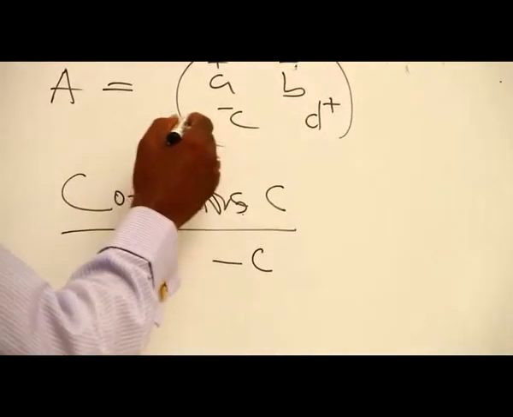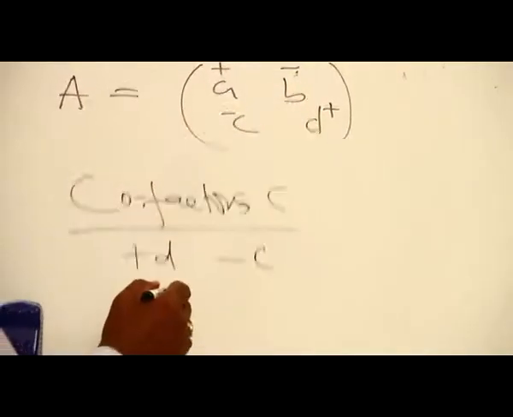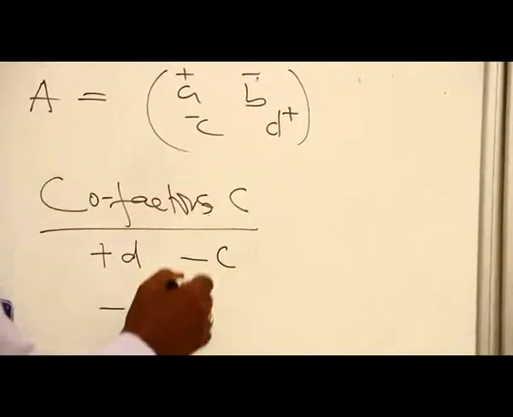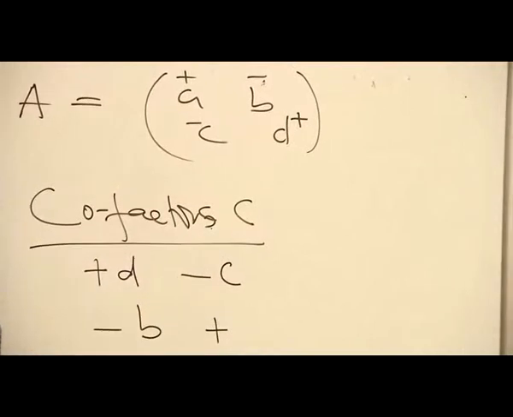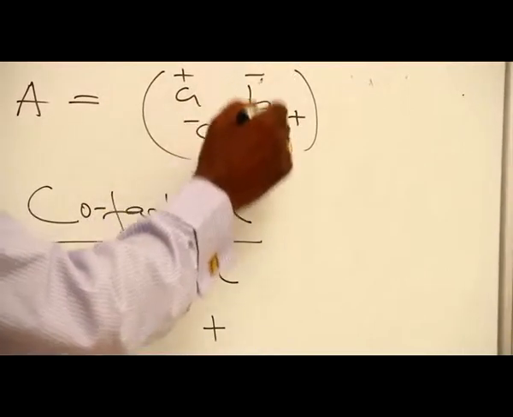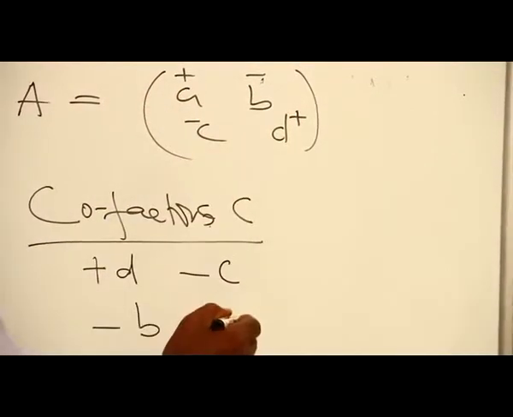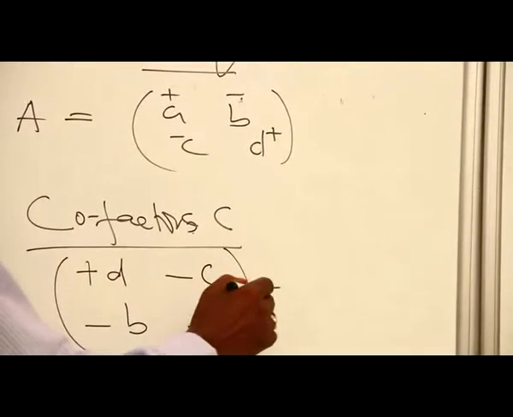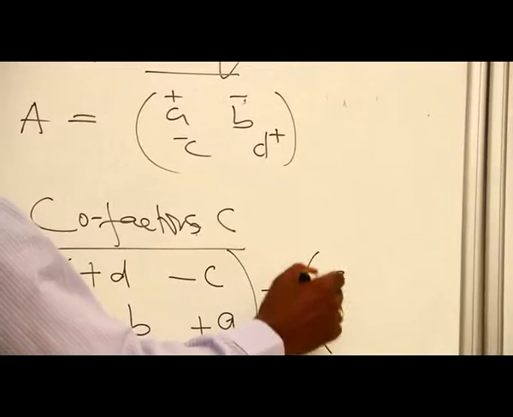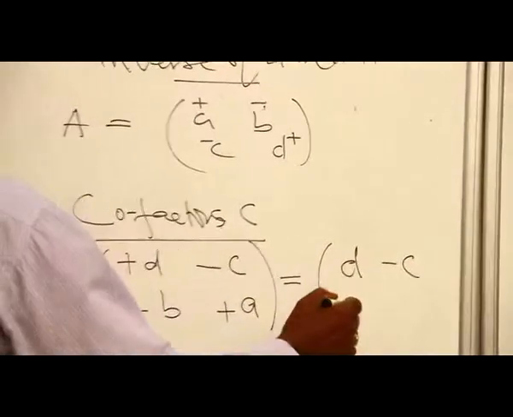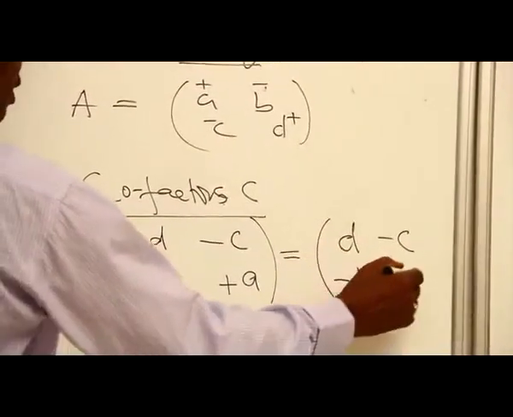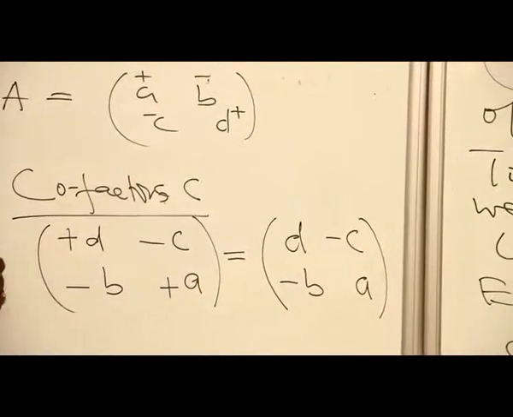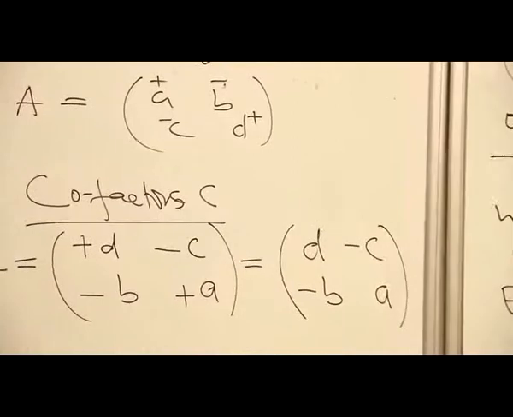You delete this, what is left is B. You take your D, the sign there is positive. You delete this and this, what you have left is A. This can be written as D, minus C, minus B, A. So our C is actually equal to this.